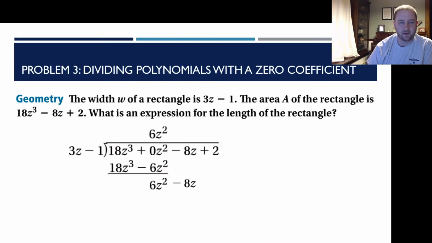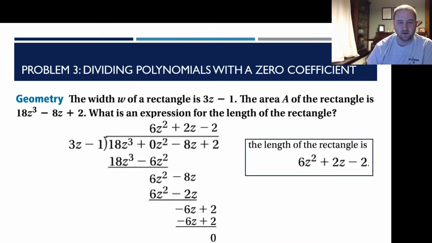So again, you're just going to go bit by bit, just like with long division. You see how many times this goes into this, then how many times this goes into that. So the length of the rectangle is 6z squared plus 2z minus 2.